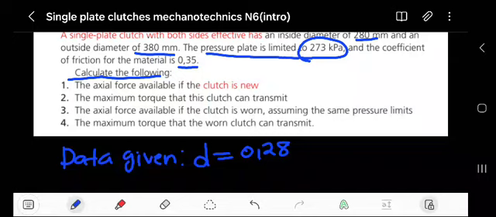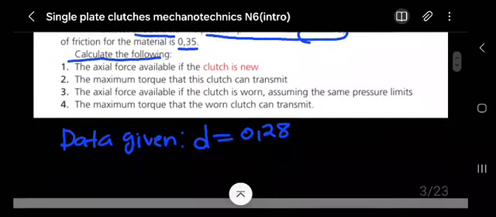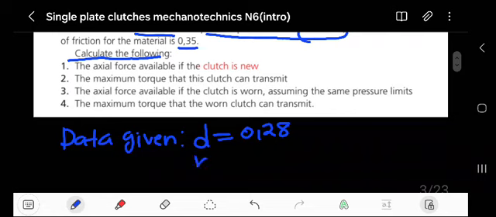The inside diameter must be associated with the inside radius. So if we divide that by 2, it will give us the inside radius, 0.14. This is in meter.